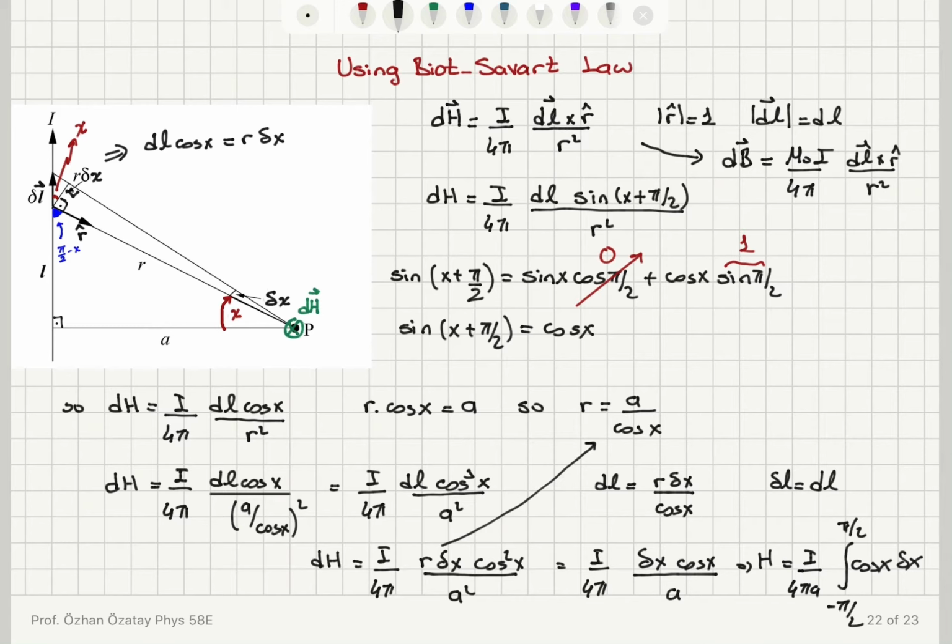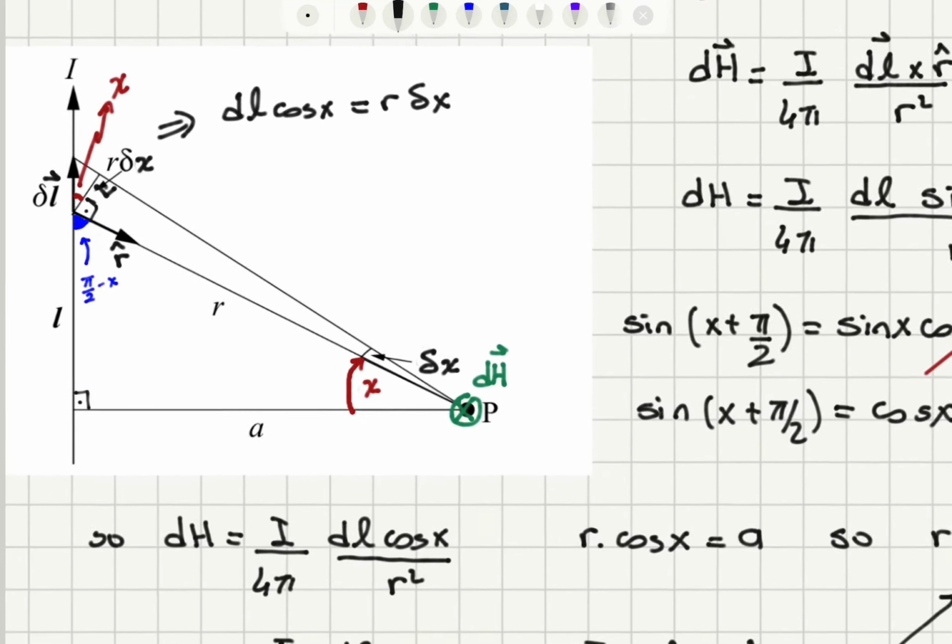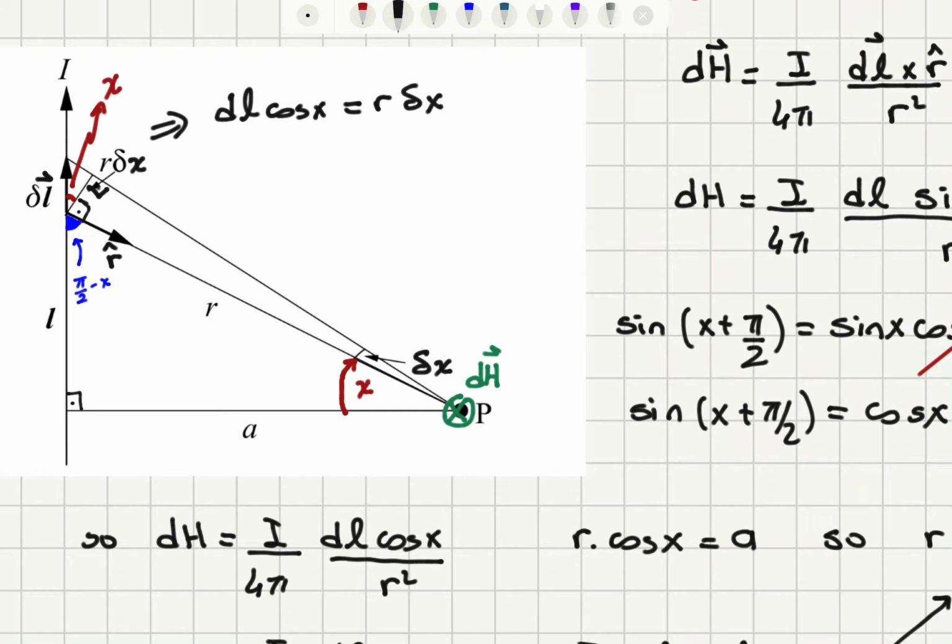Okay. So the angle between dl and r hat is x plus pi over 2. So x I call the angle between r and a, 90 degrees, so pi over 2 minus x on the other side of this triangle.